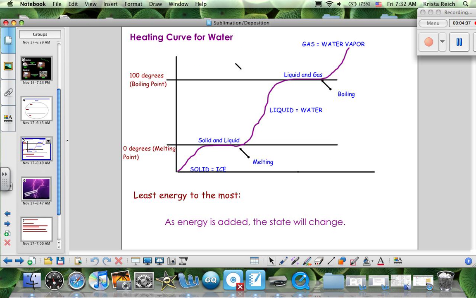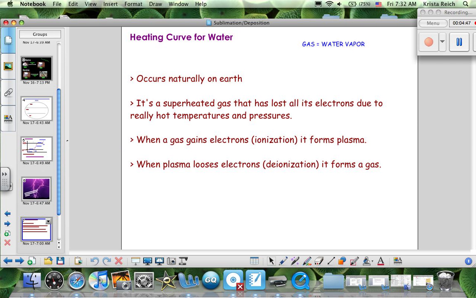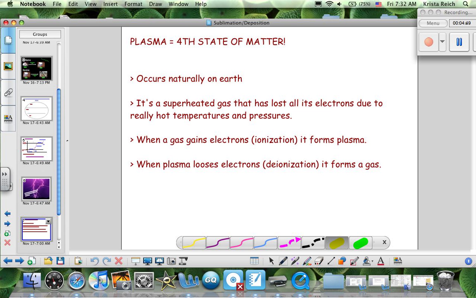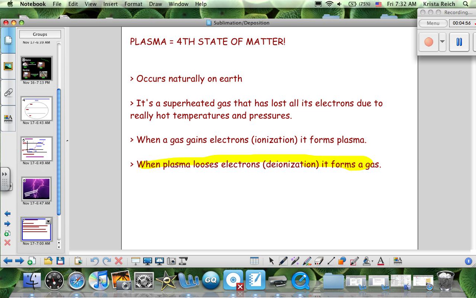That's called ionization. Where we take a plasma that's happening up here and we want to change it into a gas, when a plasma loses electrons, it's called deionization, and therefore it forms a gas. So we're talking about those different state changes from a plasma to a gas and from a gas to a plasma.